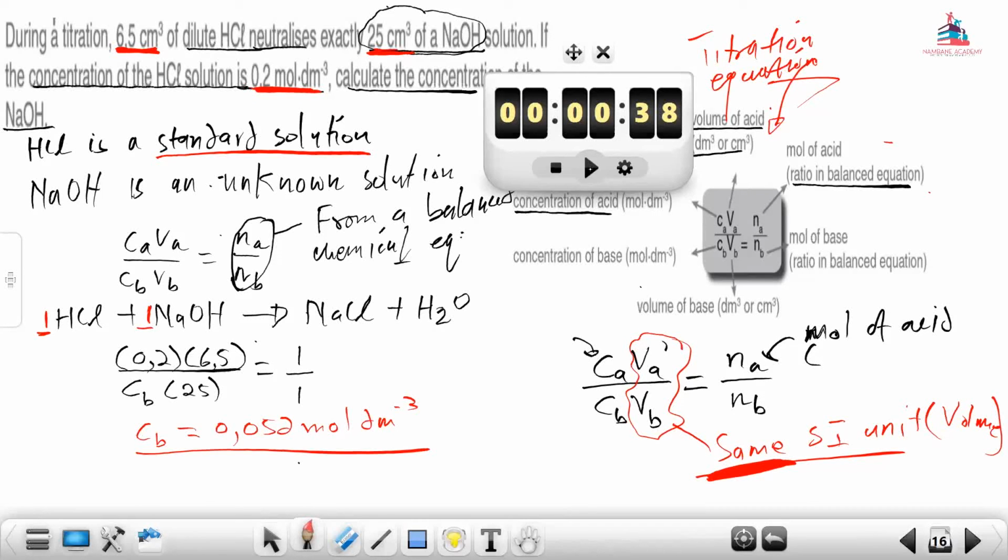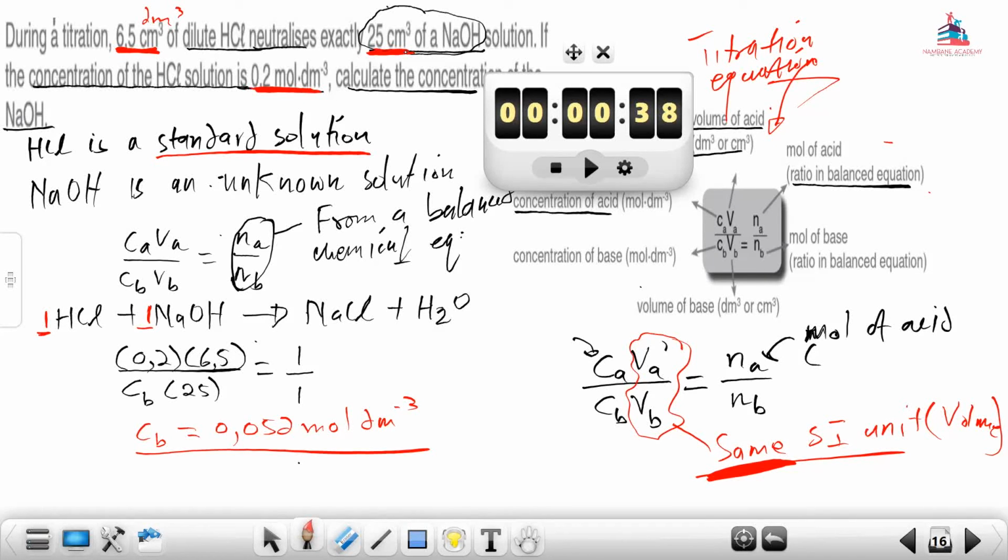Yes, sir. Regarding Marshall's question, the concentration is measured in moles per cubic decimeter, whilst the volume is in cubic centimeters. So he asked how to convert. Sorry, big brother, there's no need to convert. The only thing that will influence the answer is, let's say, the volume of HCl was in decimeter cubed, and the one of sodium hydroxide is in centimeter cubed.